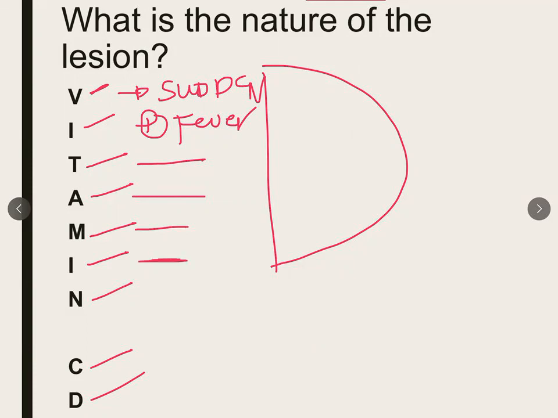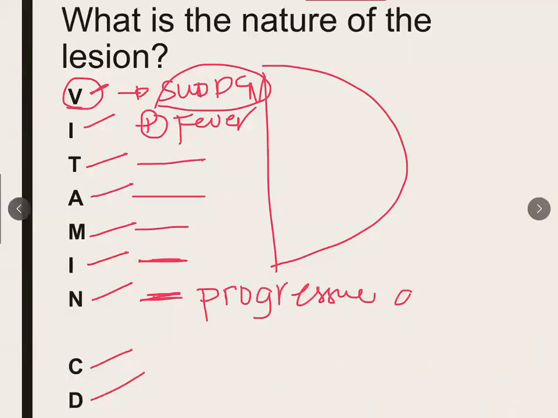Neoplastic, in contrast to vascular which is sudden, is usually progressive, chronic, and gradual. For congenital, present at birth. And degenerative are also progressive, but usually it will take longer, years, than that of the neoplastic.